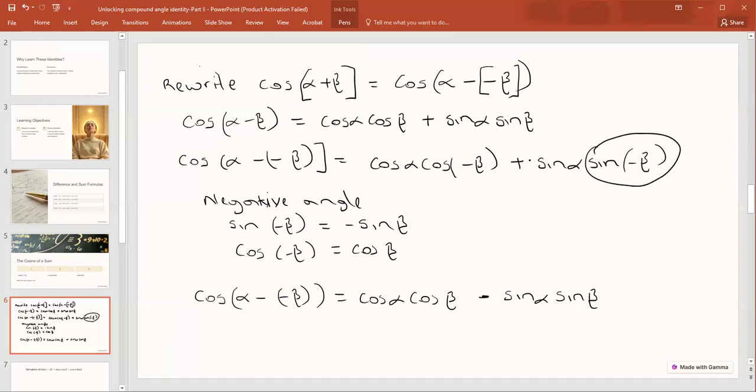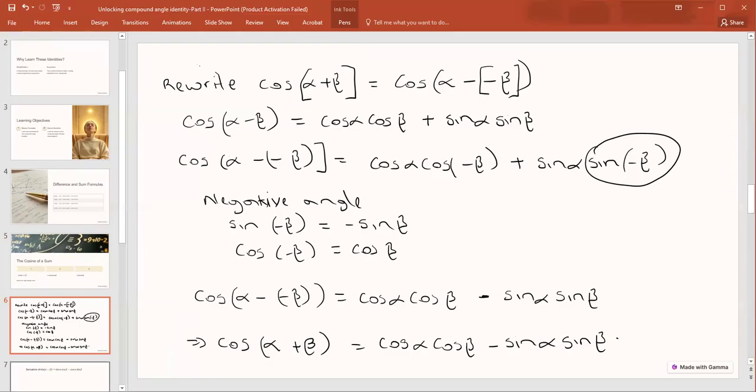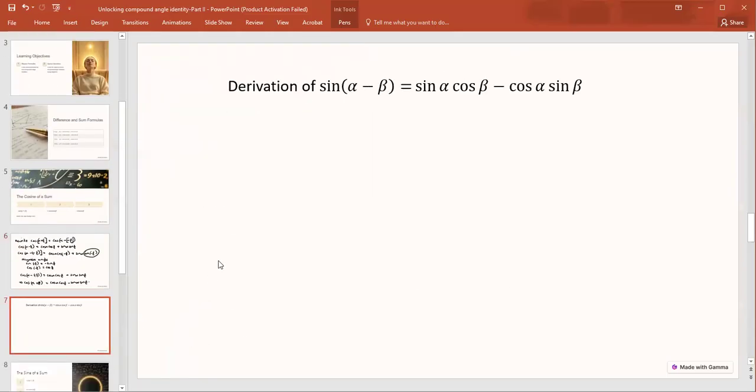You multiply, the negative comes here, you're going to have a plus times a negative sign, and the resultant is a negative sign. So our conclusion is that cosine of alpha plus beta is equal to cosine of alpha times cosine of beta minus sine of alpha times sine of beta. End of proof.